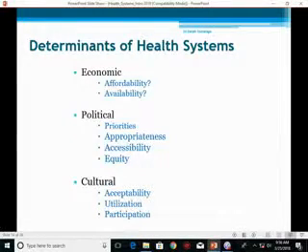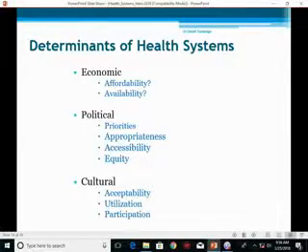Then the cultural factors, like acceptability. In 1954, when we introduced family planning, people didn't accept it. Culturally, it was not acceptable. We had to educate, and gradually people started following family planning practices, because initially it was not accepted.